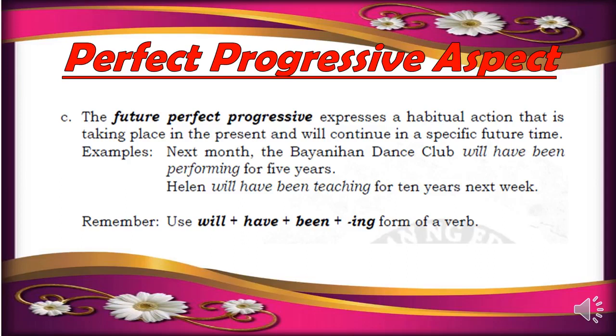Another one, Helen will have been teaching for 10 years next week. So remember, to identify the future perfect progressive, we have to use will plus have been plus ing form of the verb.